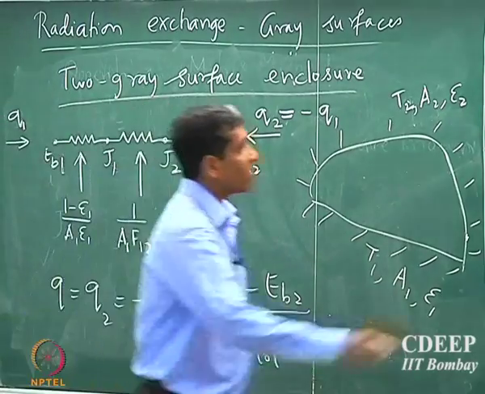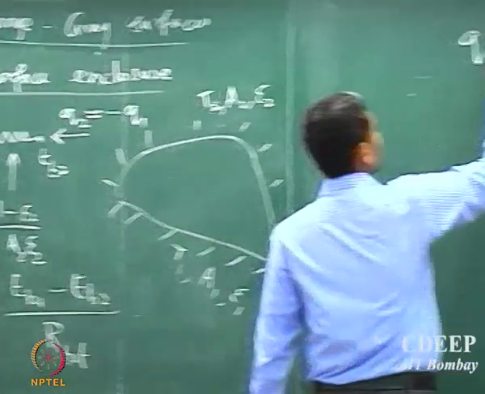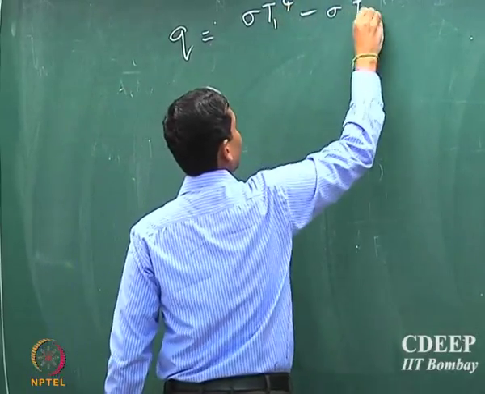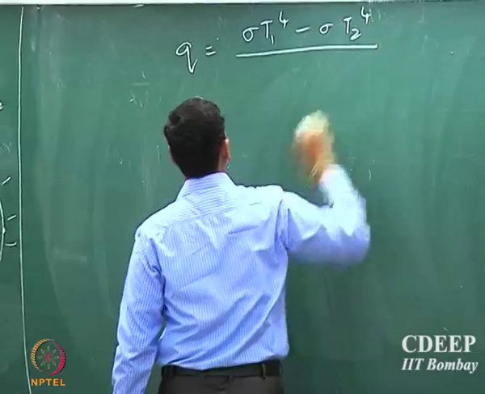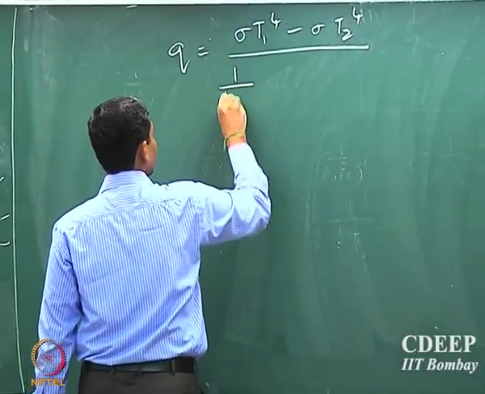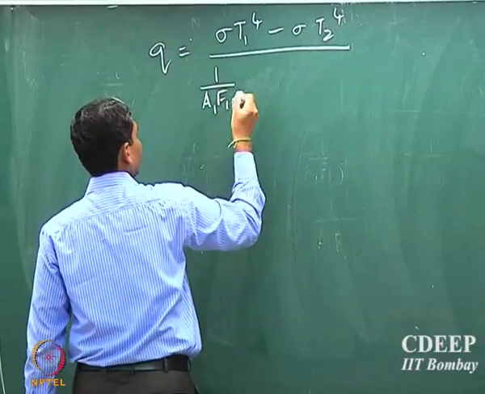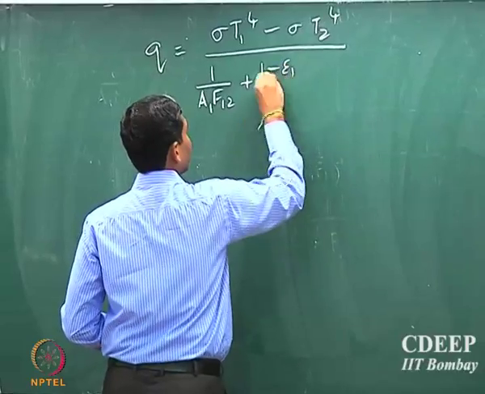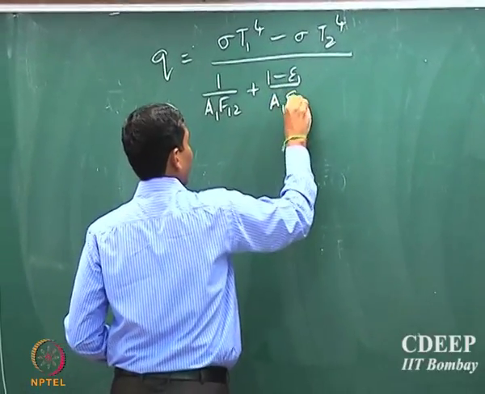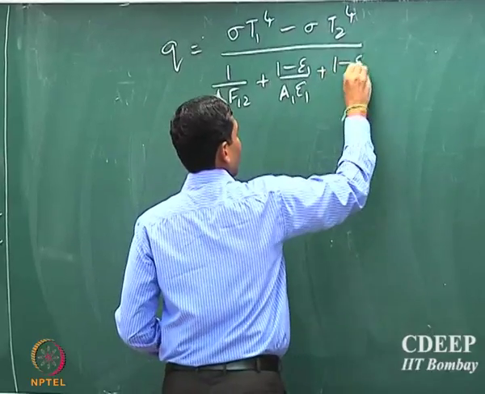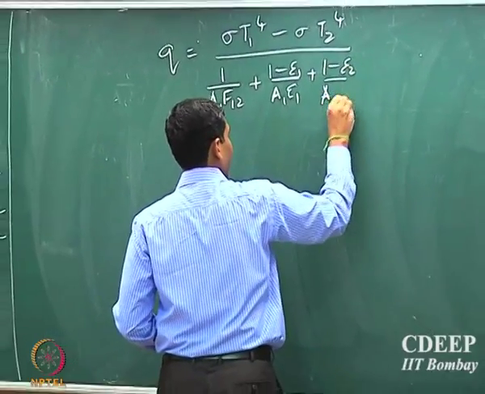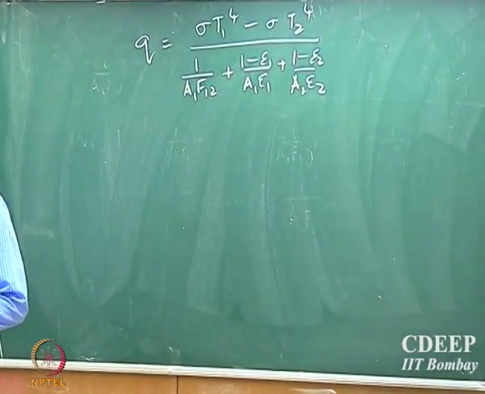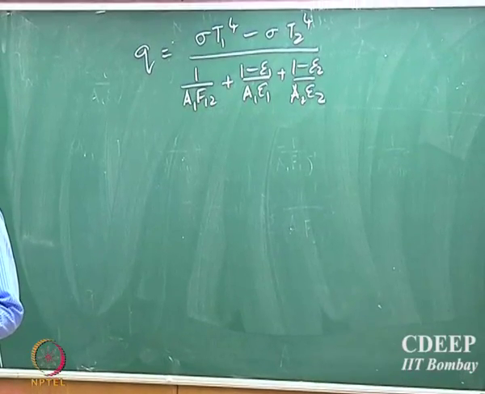Therefore, Q will be sigma (T1 to the power of 4 minus T2 to the power of 4) divided by 1 by A1 F12 plus (1 minus epsilon 1) by A1 epsilon 1 plus (1 minus epsilon 2) by A2 epsilon 2. Okay. So, that is the net radiation exchange between these two surfaces.